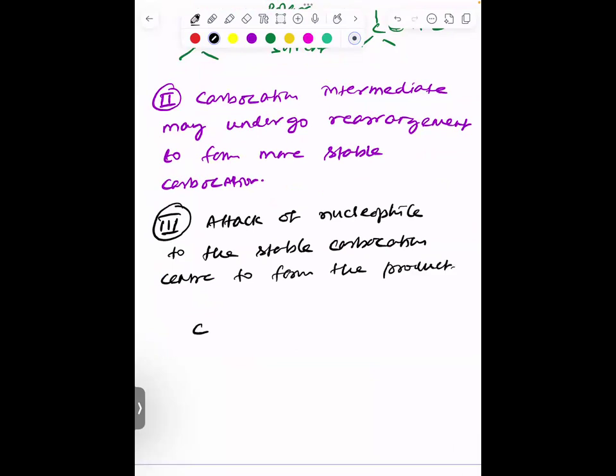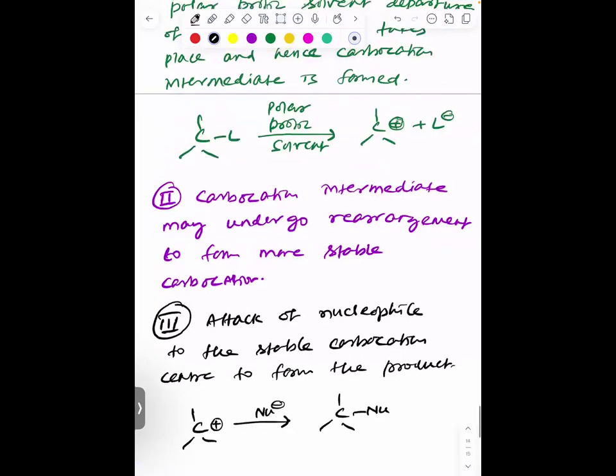That means this stable carbocation center, the nucleophile makes the product with the stable carbocation center. Okay. So these are the 3 steps. So make it fast. Note down.